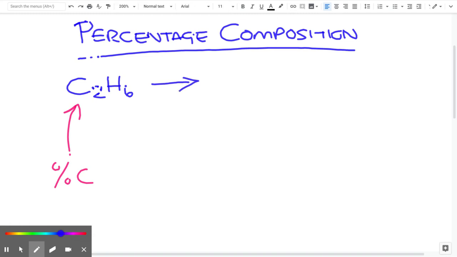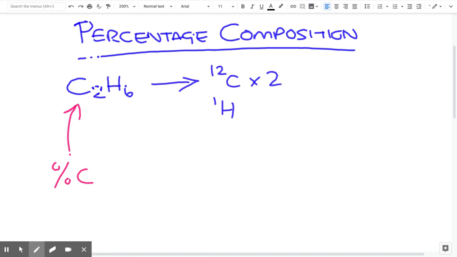And so what we need to do is analyze the elements within the compound. We've got carbon 12 atoms and hydrogen 1 atoms within one molecule of an ethane compound. So we have 2 lots of the carbon indicated by the C2, and 6 lots of the hydrogen indicated by the 6.